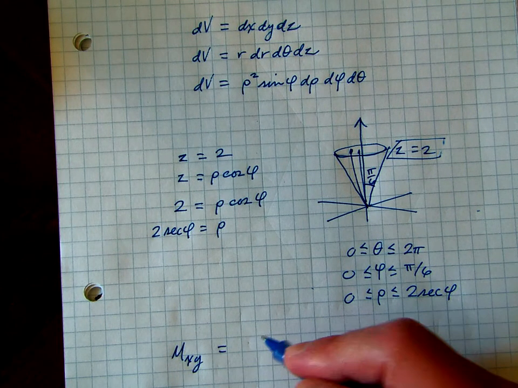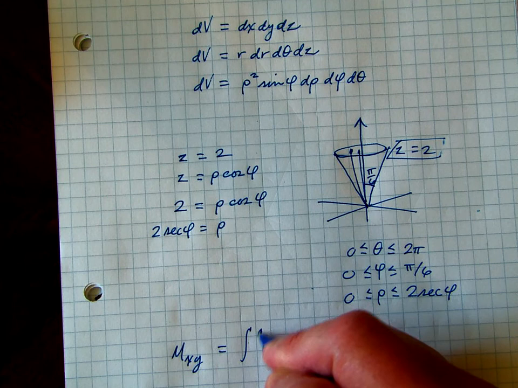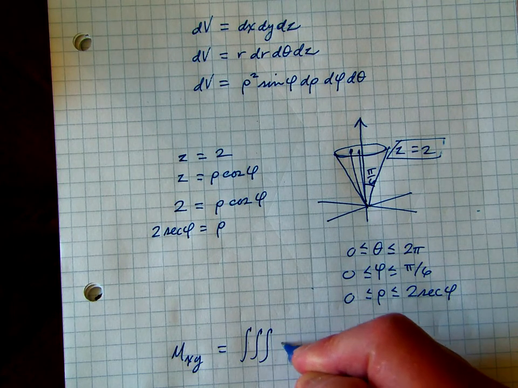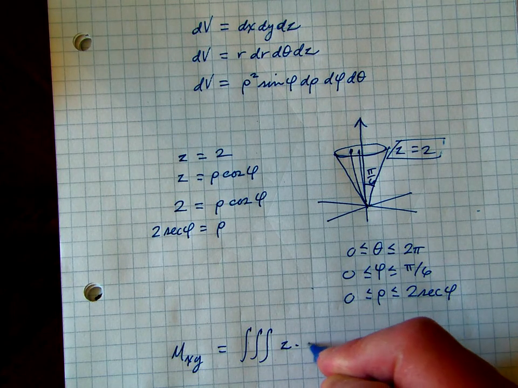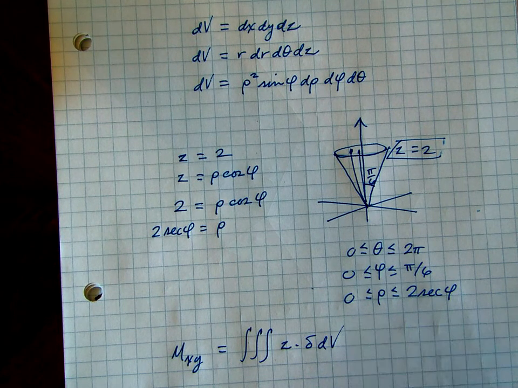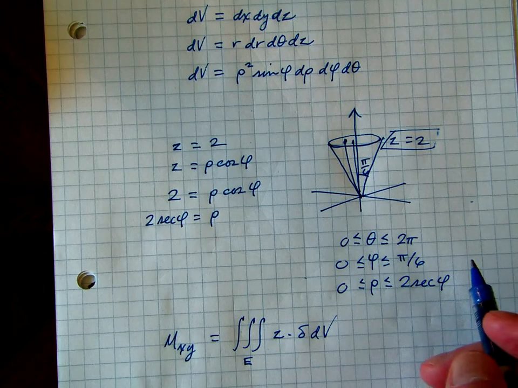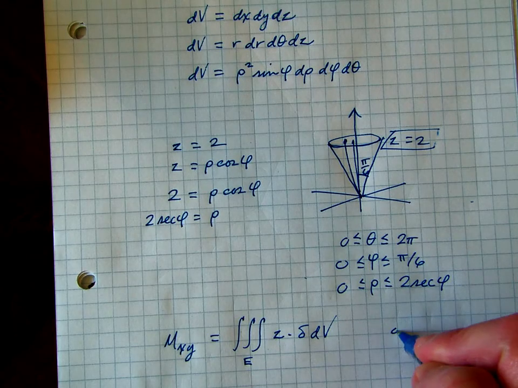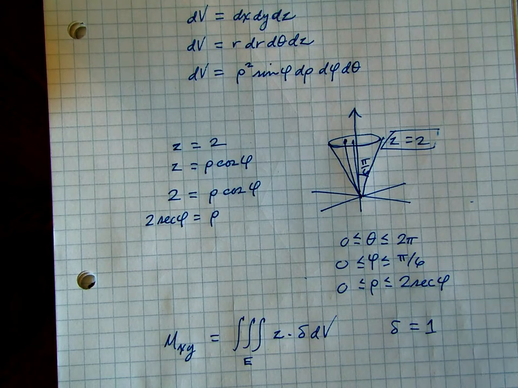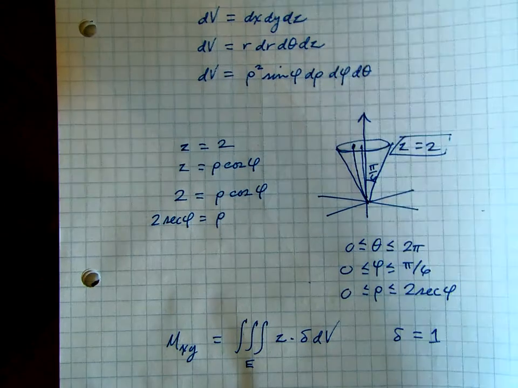You know what mxy is. It's the triple integral of z times density dv over our solid region E. Okay? Now, let's say, in this case, to keep things simple, that the density is a constant 1. All right? Let's set up the integral.